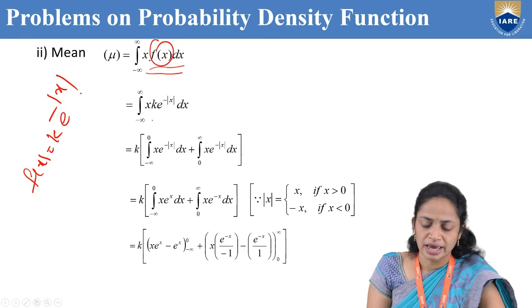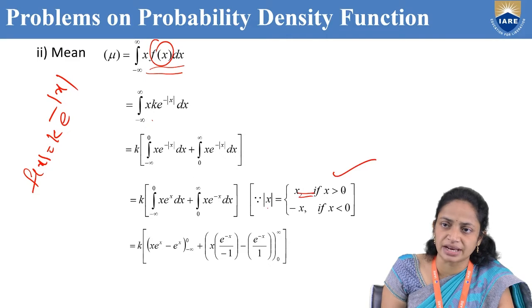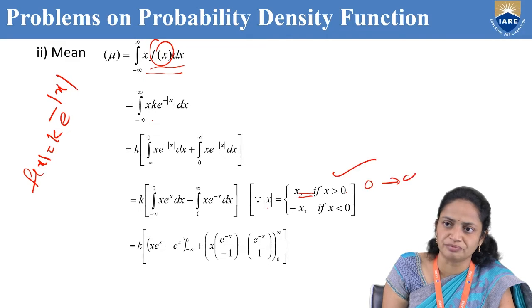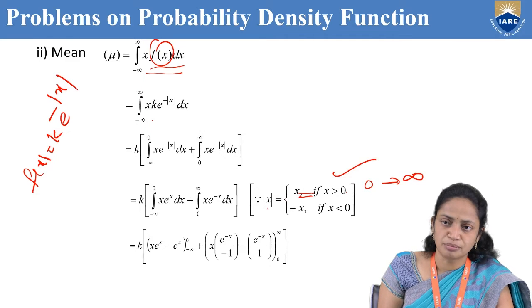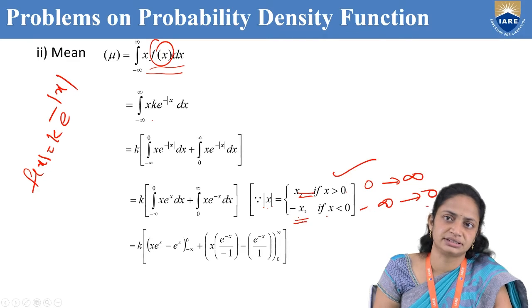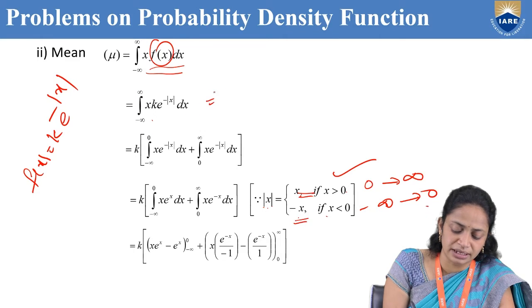Okay, so according to our modulus function, modulus of x equals x where x is greater than 0, that means limits 0 to infinity. If the limits are 0 to infinity, the function is x. And modulus of x equals minus x where x is less than 0, that means limits minus infinity to 0. In the case of minus infinity to 0 limits, the function is minus x. Okay, so that's why here I am splitting the limits.